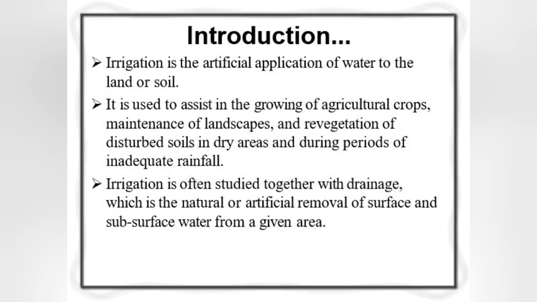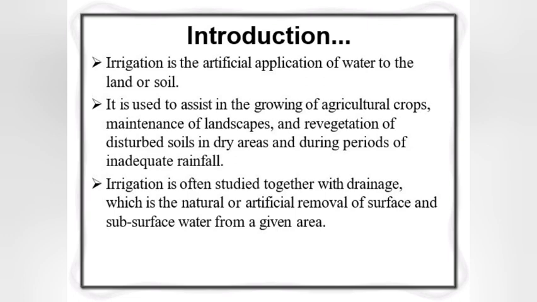So it is becoming more necessary for us to provide some artificial means of supply of water for the crops, which we call irrigation.